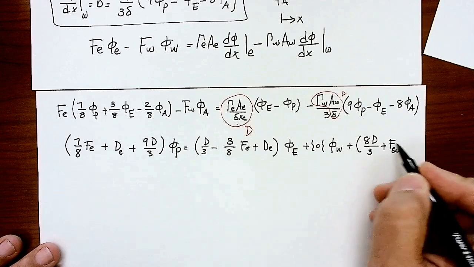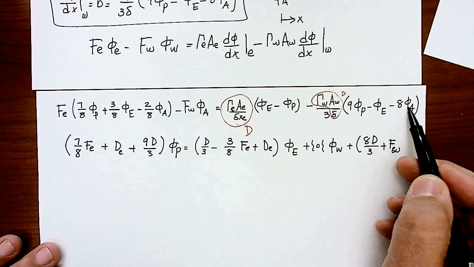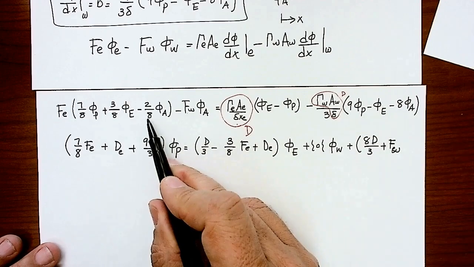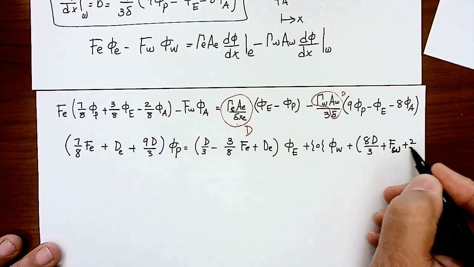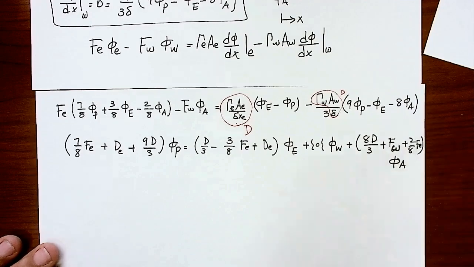Then I have, that's 8 over 3, that's phi A, and I have F west, and I have 2 over 8 F east plus, that's F west, plus 2 over 8 F east, that's multiplied by phi A.